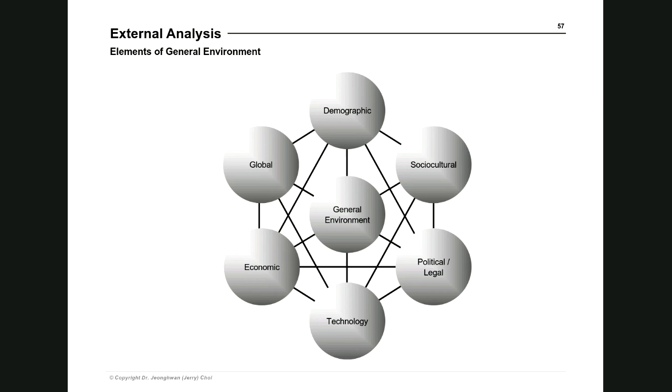I also introduced the seven environmental factors that we need to know in order to capture what's going on within our industry. That is the general environment: social cultural factors, political issues, technology advancement, economic situations or the global situation, and demographics. Nowadays, with the coronavirus issue, everything is changing.